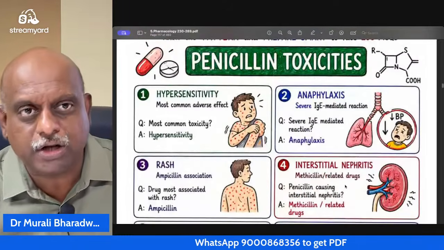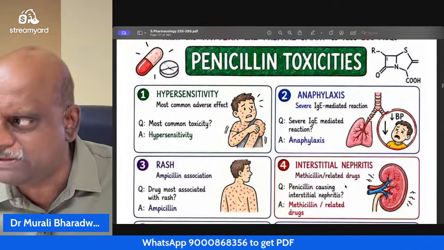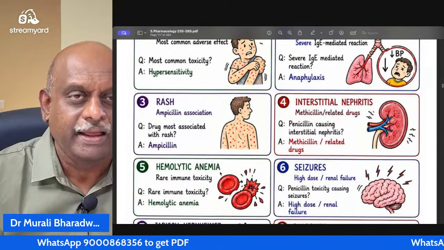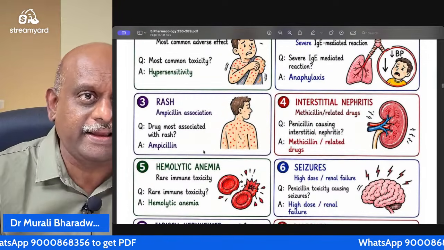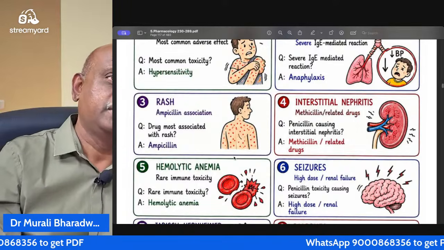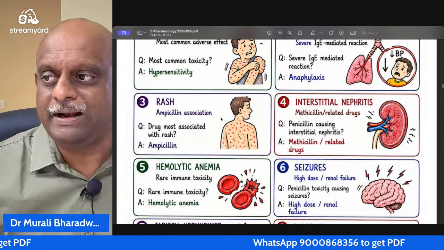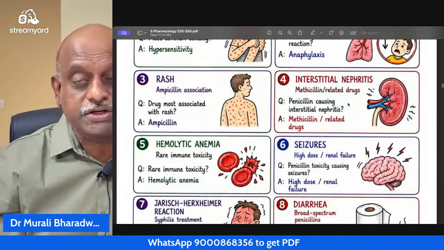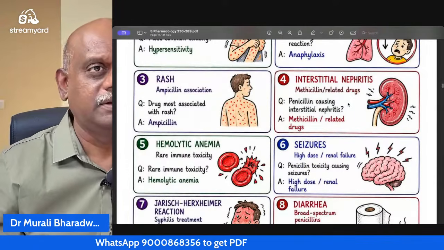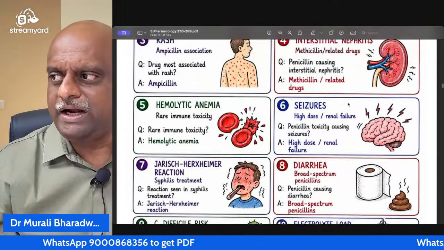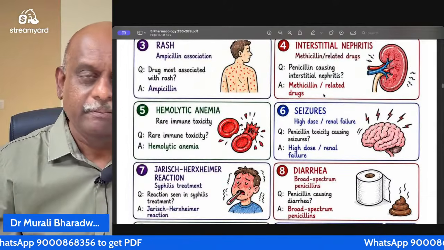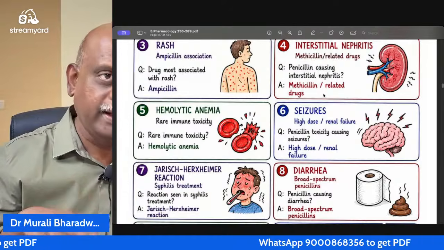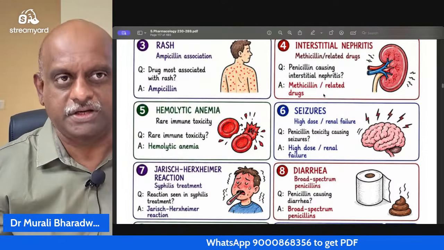Now, what are the toxicities of penicillins? Most common is hypersensitivity, IgE-mediated anaphylaxis. Ampicillin especially can lead to rash, maculopapular rash can occur. And interstitial nephritis. Of course, we are not using methicillin anymore, but related drugs can lead to interstitial nephritis.